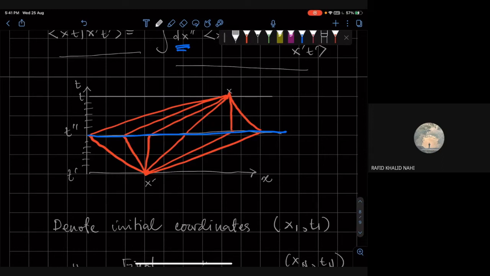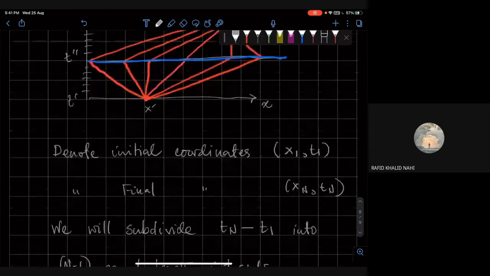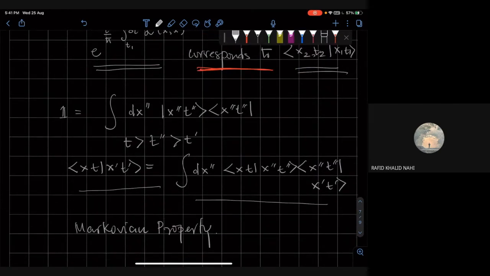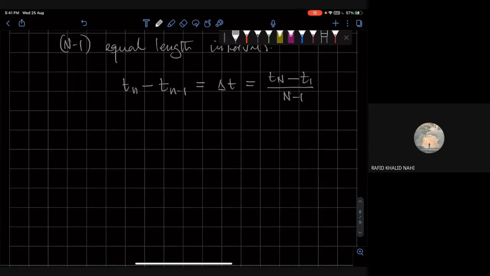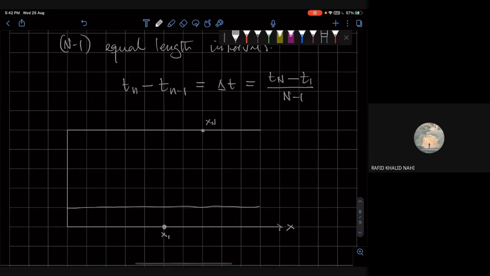Okay, so then what does the picture become? If I insert this identity at every one of these intervals, what is it? Let's draw the picture first, and then we can write down the expression. So this is our initial. Suppose this is x1, and this is the final time slice. Say this is xn, and I'm just going to draw a finite number.